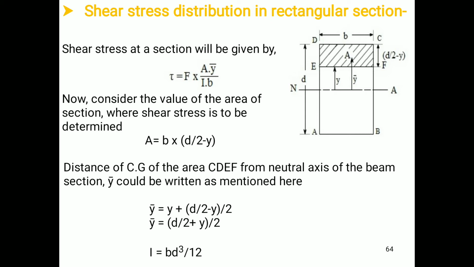Therefore, consider the area of the section where shear stress is to be determined. Area will be given by width B into (d by 2 minus y), because we have width equal to B. All of you know that for a rectangular section, area can be given by width into depth.